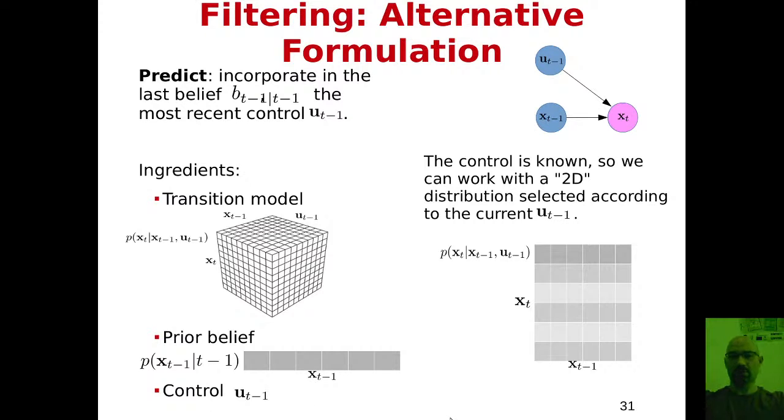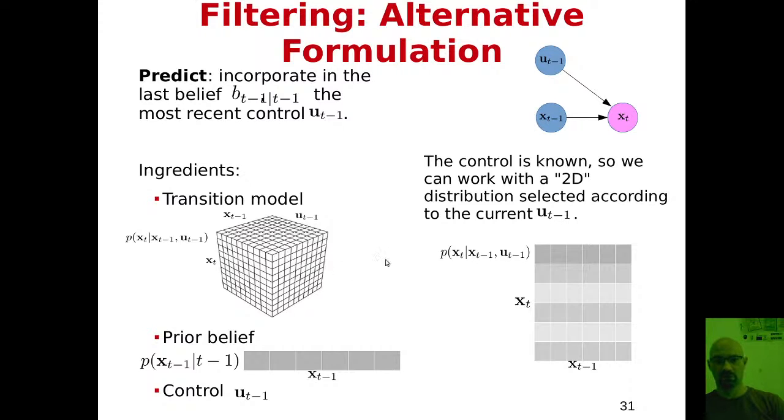We can picture it as just a bar, like a histogram. And then we have the control, u of t, which in this case we assume known. If it were a probability distribution, then we would represent the control as another histogram over the possible controls.